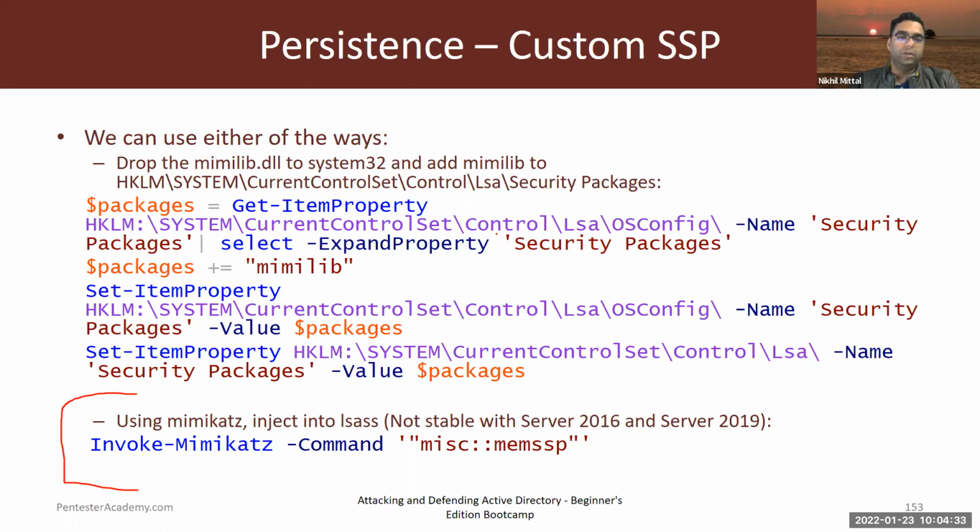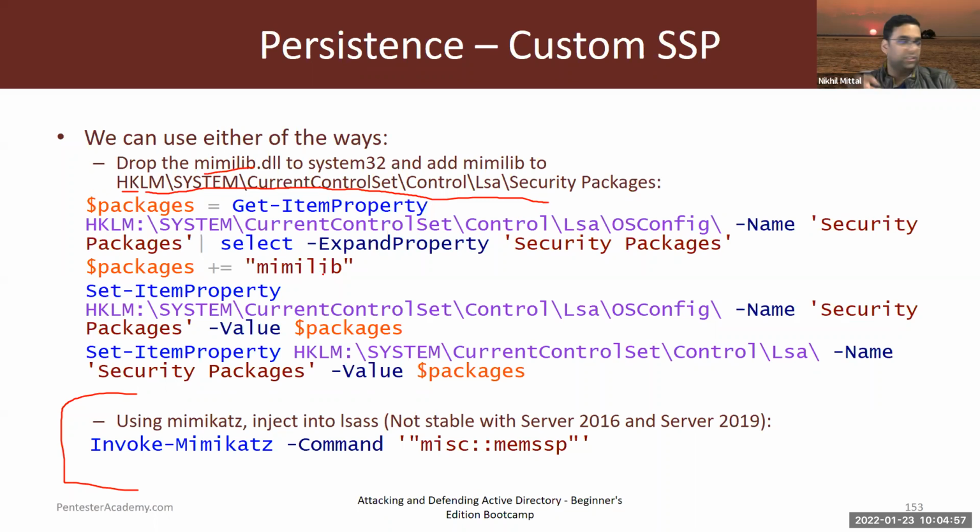So an additional way is that you drop the mimilib.dll to the system32 directory of the target machine, and then make changes to this registry key, HKLM\SYSTEM\CurrentControlSet\Control\Lsa\Security Packages, and then simply add information about mimilib. That's it.